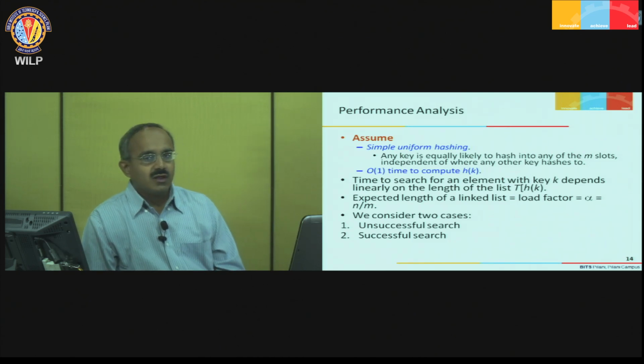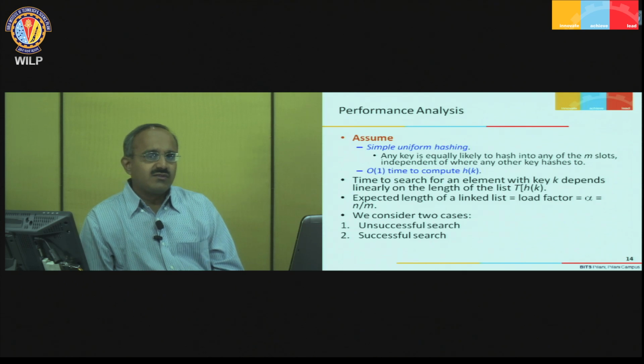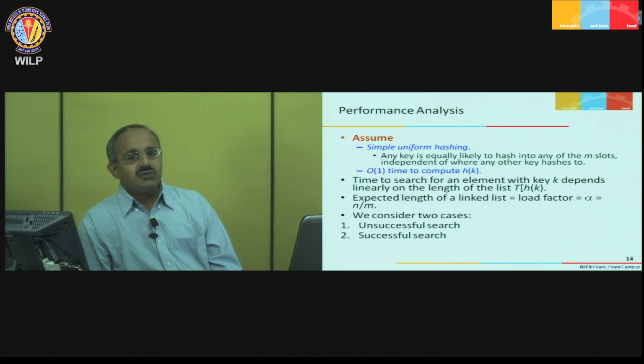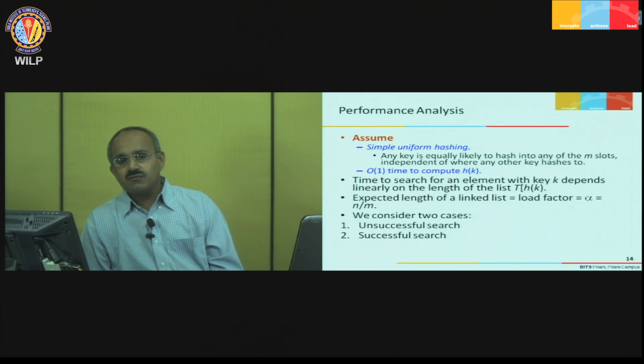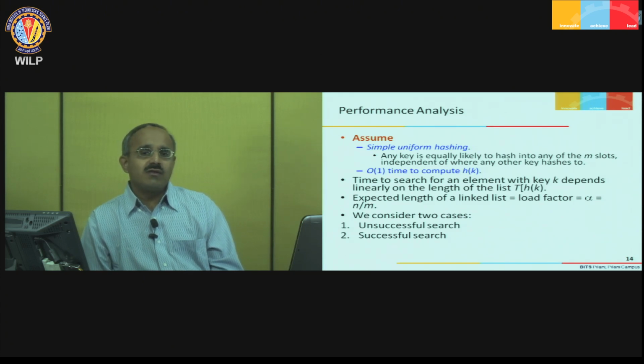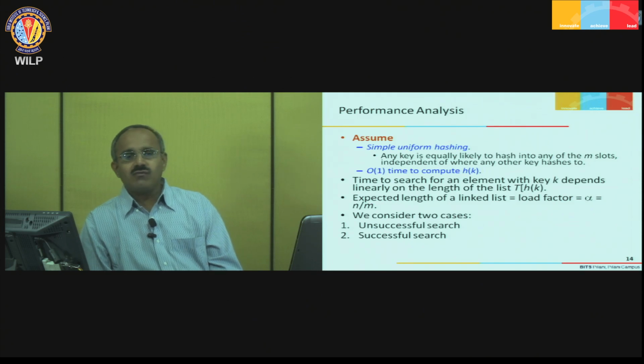We will also, to make things simple, assume that the hash values can be computed in constant time. So, you do not have a hash function which is very complicated. For example, we saw that if you use the division method, then you just need to compute the remainder when divided by m. So, we assume that this operation takes constant time, and we know this is independent of the number of keys that you have in your universe.